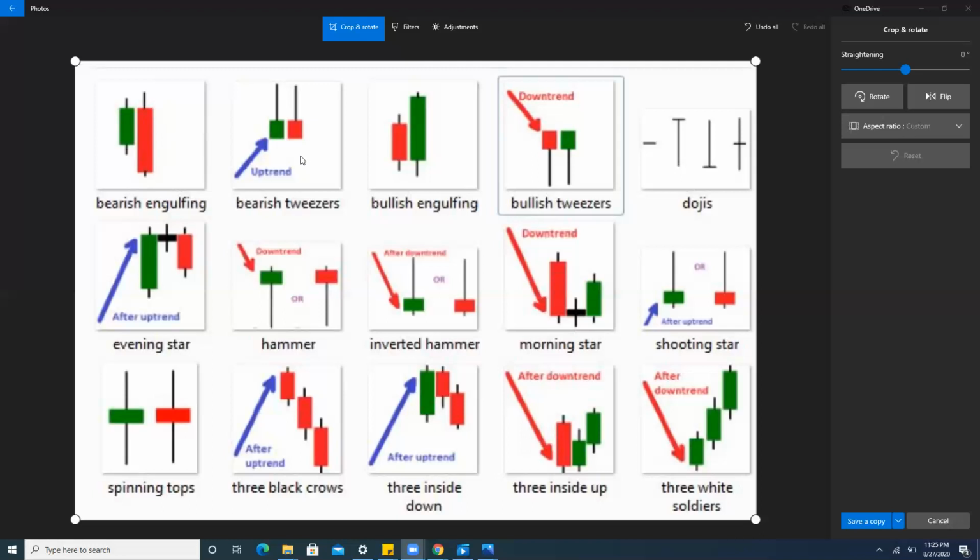The bearish tweezers, I like this one because it's letting you know that there's a potential end to a trend. The reversal or the change in trend hasn't started yet, but this is a price pattern where I'm thinking, okay, something could potentially happen here.